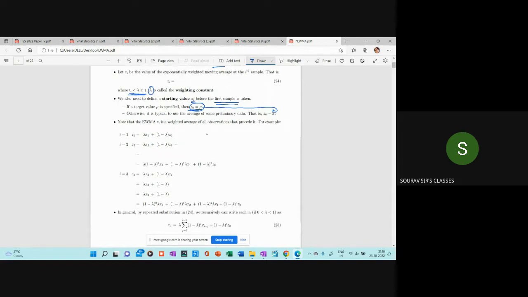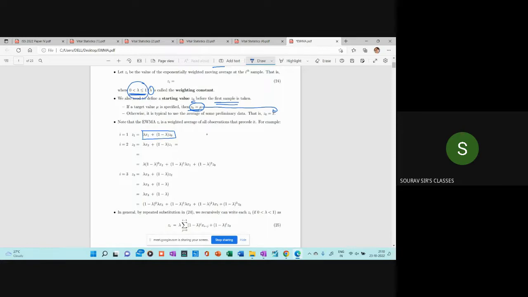Next, z1 will be lambda into x1 plus 1 minus lambda into z naught. So z1 equals lambda x1 plus (1 minus lambda) z naught. This looks like a convex combination, because we know lambda lies between 0 and 1.